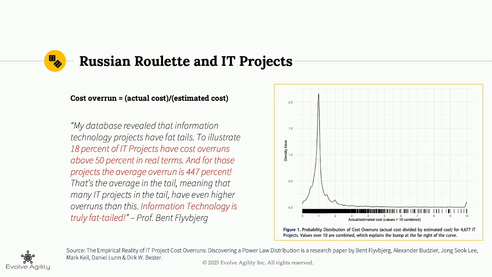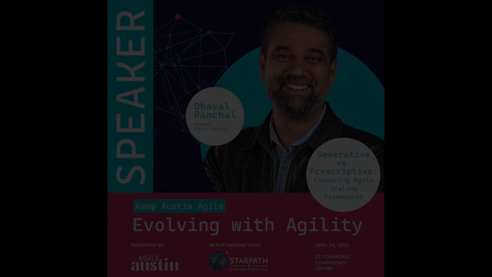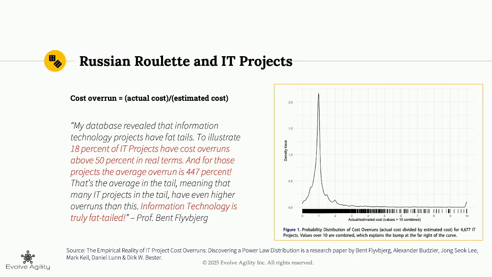The empirical evidence on IT projects is overwhelmingly in support of the fact that cost overruns are fat-tailed. On average, your IT project will be 447% off the expected cost, and it can be as much as 2,000 to 3,000% off the cost.